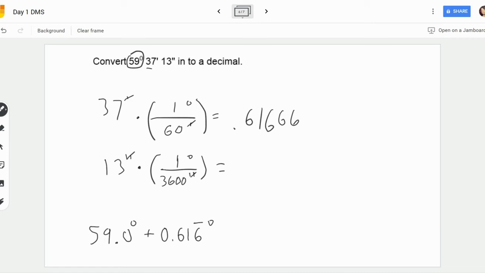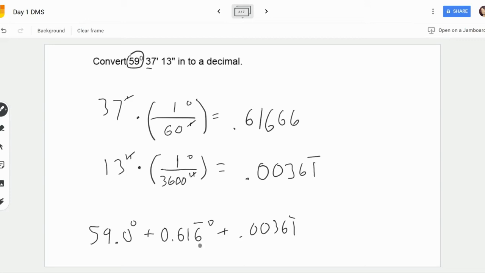That's just going to be 13 divided by 3,600. And this gets us 0.00361 repeating. And you kind of have to just add this on the calculator.